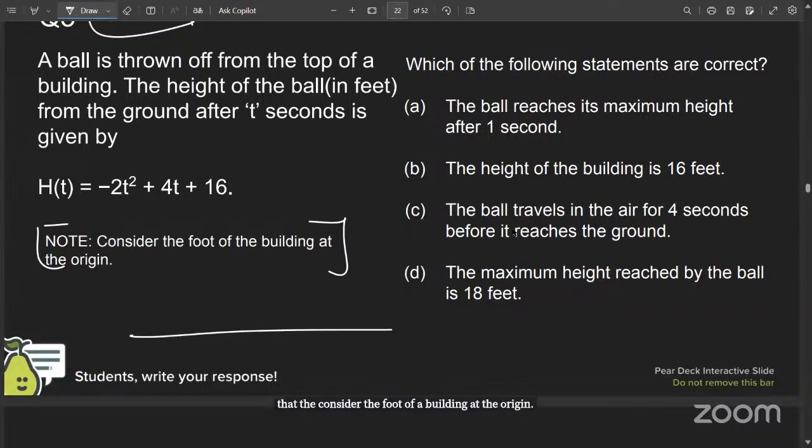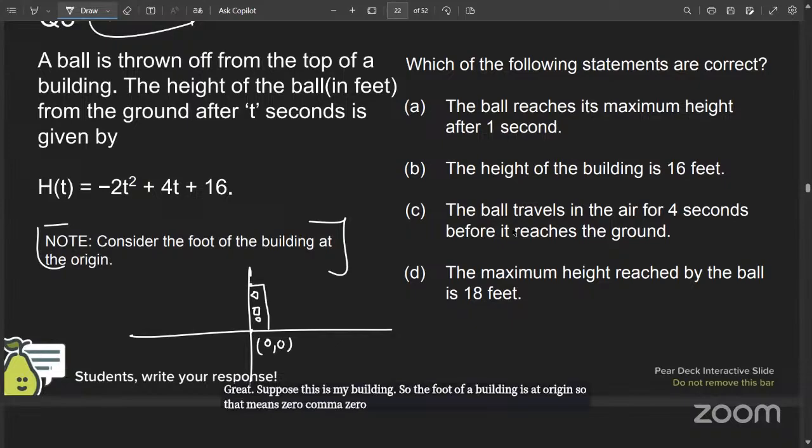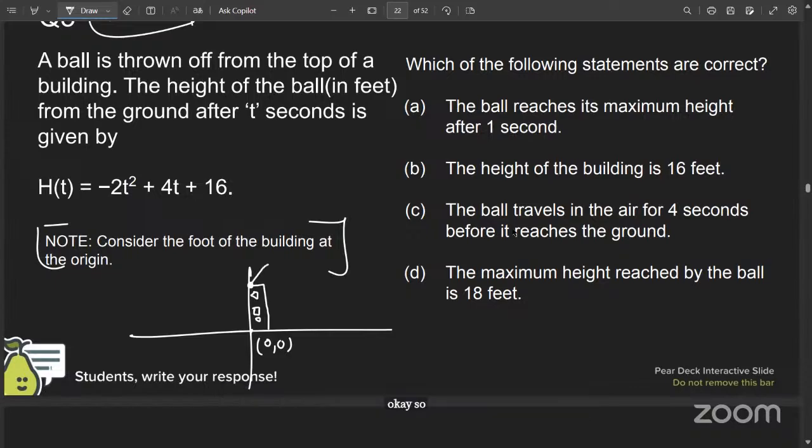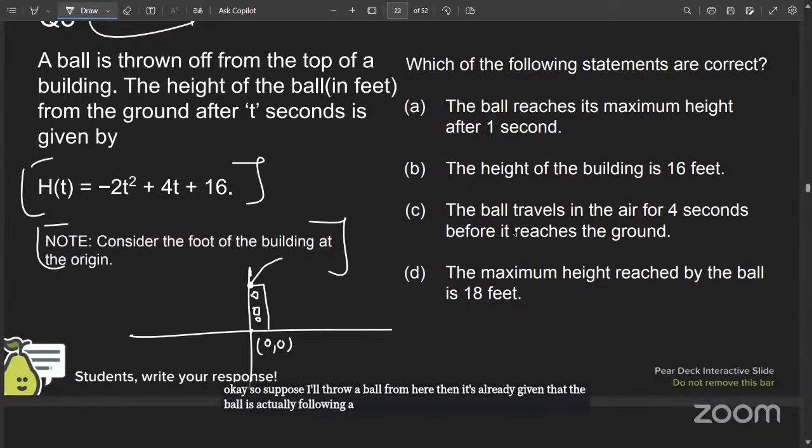If I draw this particular scenario, suppose this is my building. The foot of the building is at the origin, so that means (0, 0). And one ball is thrown from the top of the building. Suppose I throw a ball from here. Then it's already given that the ball is following a path traced by this particular function.